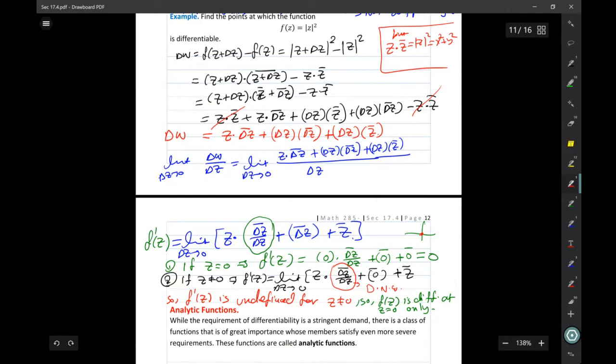We are looking to see where the function is differentiable. If the complex number z is equal to 0, then f prime exists because the limit is equal to 0. But if the complex number z is located somewhere else, not equal to 0, then the function is not differentiable there because the limit does not exist.